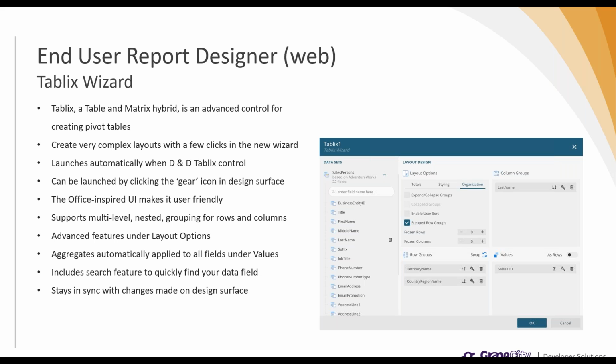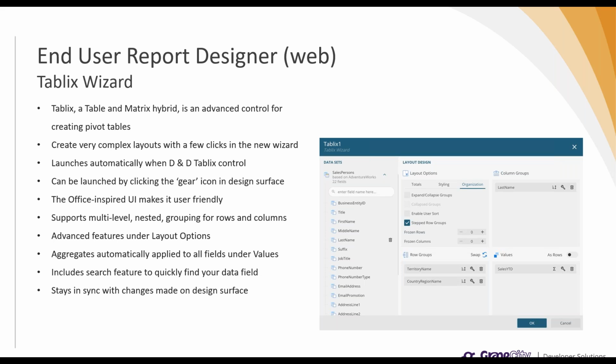Now, sometimes creating these advanced matrices is not the easiest thing. So with this release, we introduced this very intuitive and user-friendly wizard. With this wizard, in just a few clicks, you can create complex matrices with multi-level groupings on the header, on the columns and the rows.